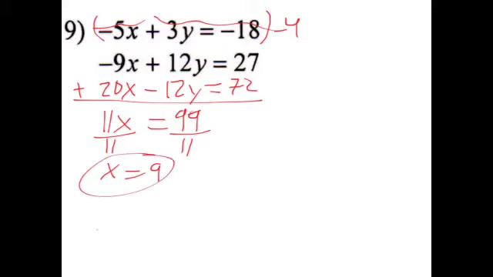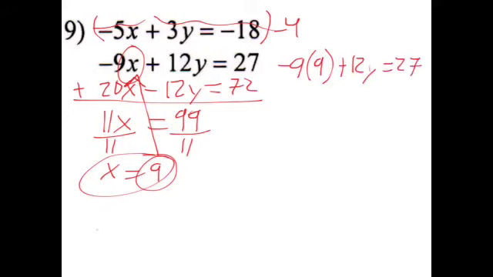So now I have my x. I can take that number and just plug it into one of my equations. I'm going to plug it into this one right here, for that x there. That's going to give me negative 9 times 9 plus 12y equals 27. And now I'm going to simplify this a little bit. Let's actually do that multiplication to get negative 81 plus 12y equals 27.